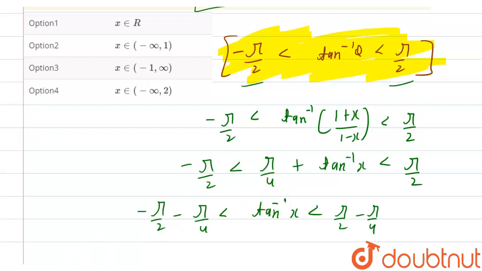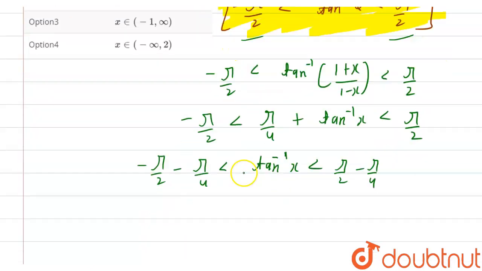Now let's move forward. If I solve this, I will get minus 3 pi by 4 is less than tan inverse x is less than pi by 2 minus pi by 4, which will be pi by 4.